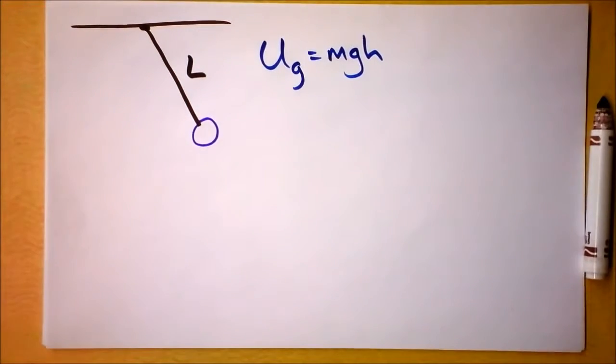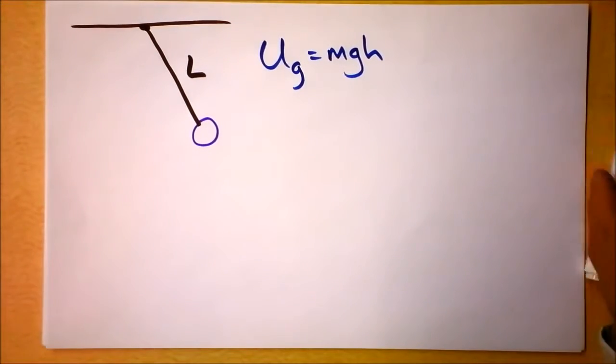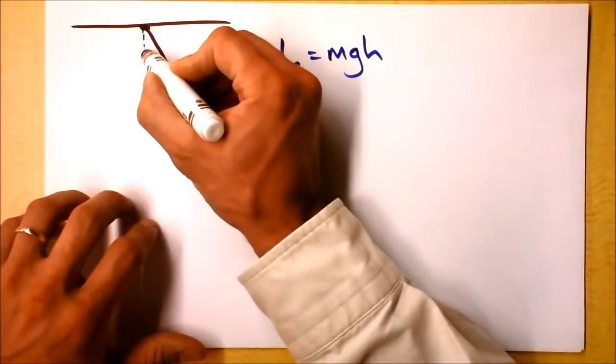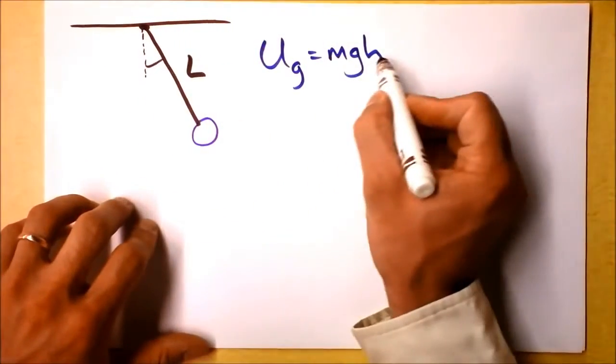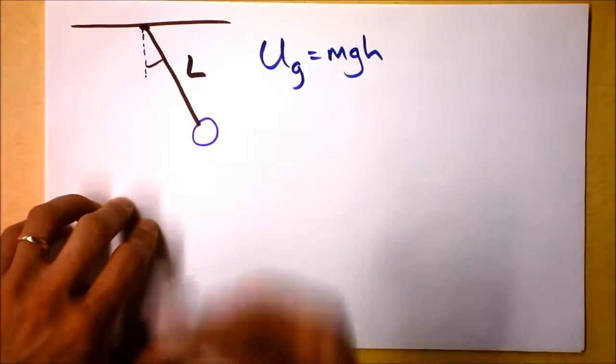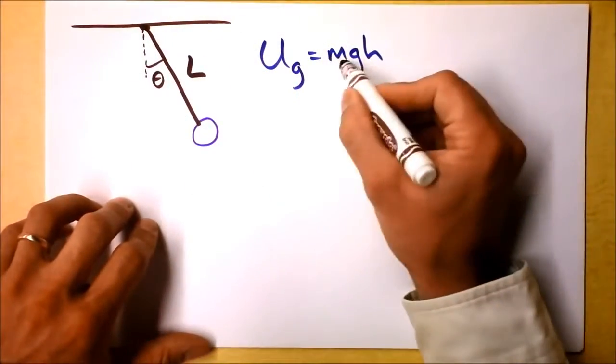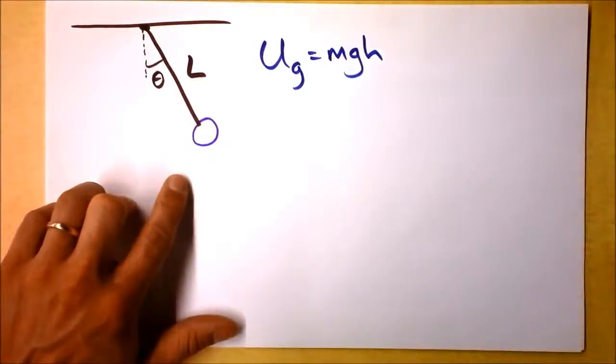So we need to think about throwing an angle in here. The height is certainly going to depend on the angle. Let's call it theta. The mass of the pendulum is going to be known. We'll just say that it's a pendulum of mass m.